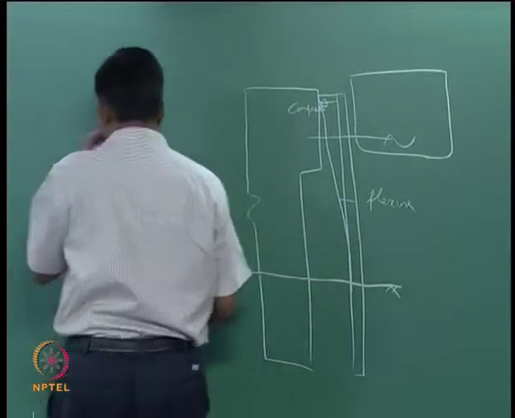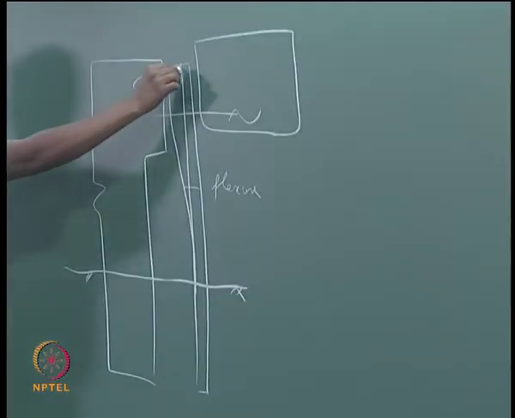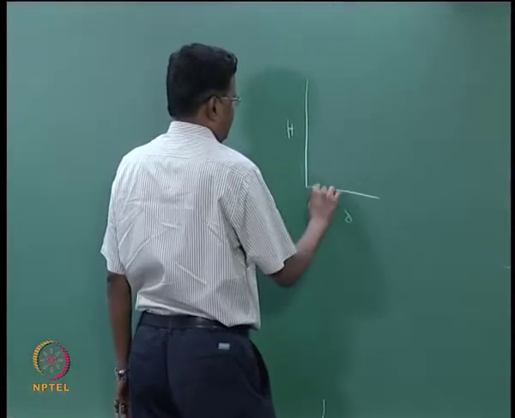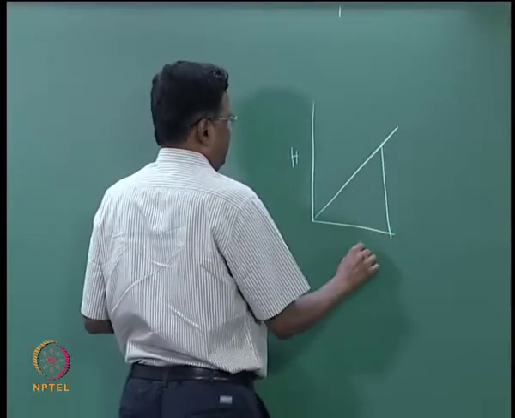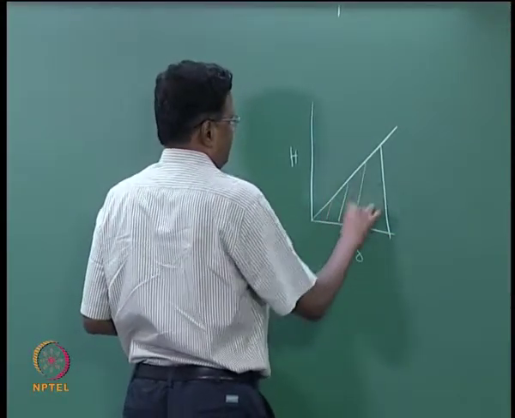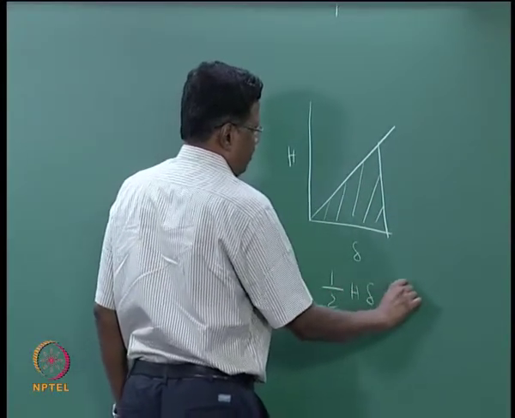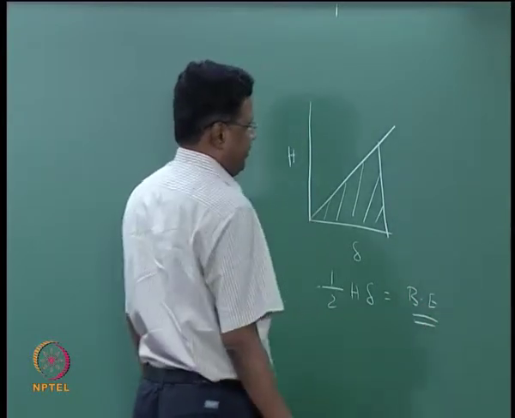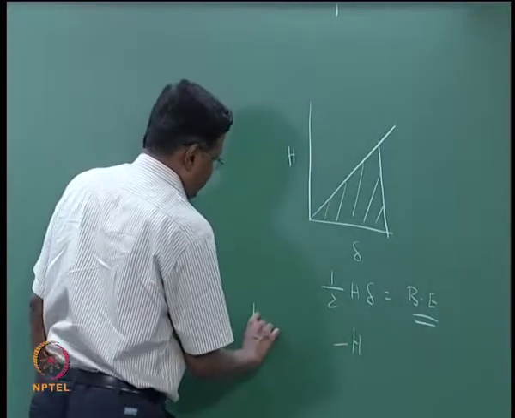So if you plot the load versus deflection, suppose you call this the horizontal load, and this is the deflection, suppose you assume this is a linear relationship, the area under the curve, this is half H into delta, equated to the berthing energy. So this horizontal H is the force, this is your berthing force.